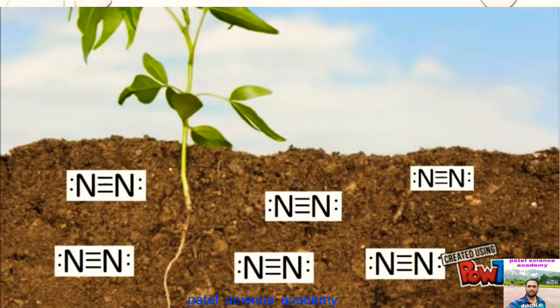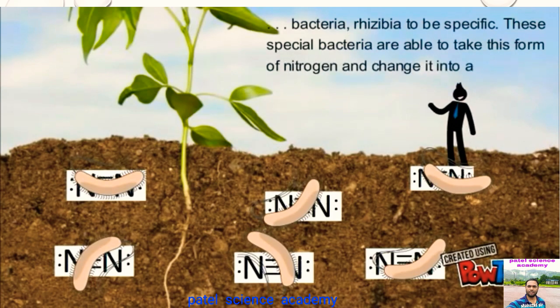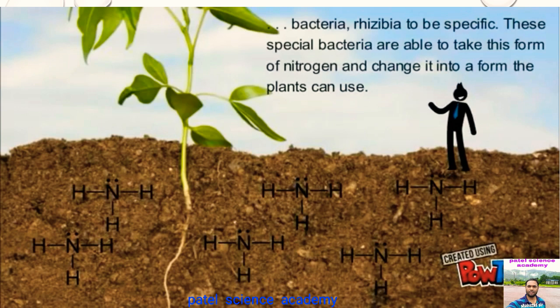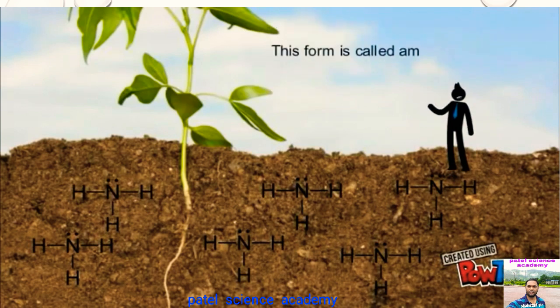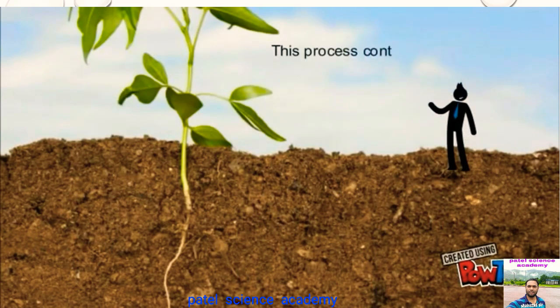So along comes bacteria, Rhizobium bacteria to be specific, and this special bacteria is able to take this form of nitrogen and change it into a form the plant can use. This form is called ammonia, and the plant can take this up and use it for its various functions. This process continues to repeat itself.